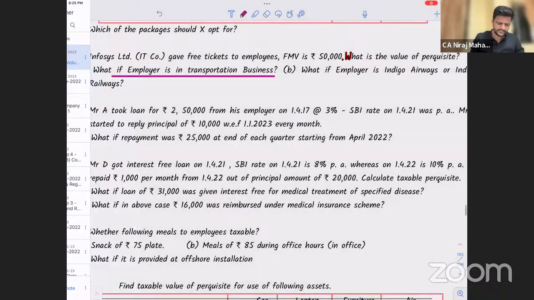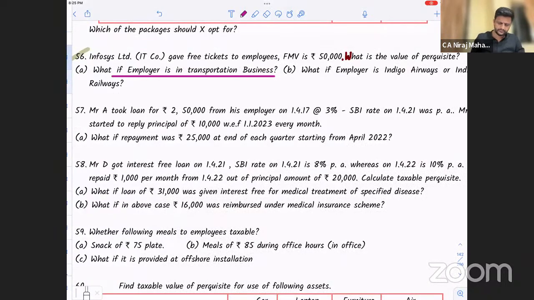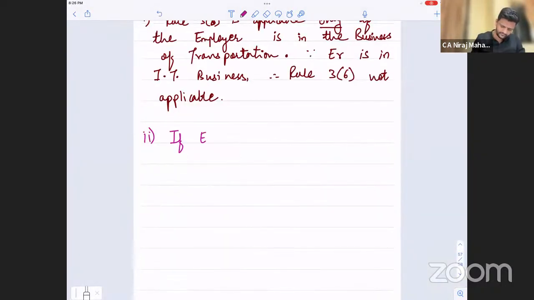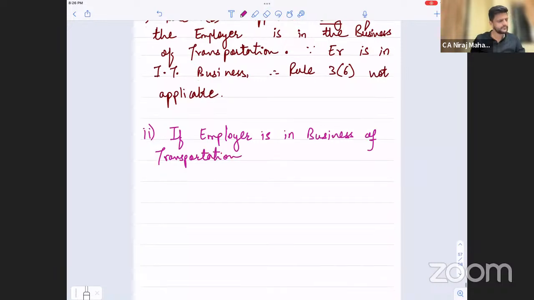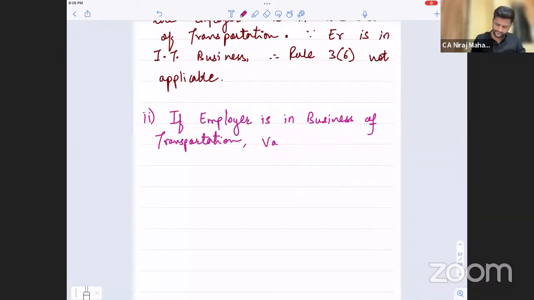Write down: if the employer is in the business of transportation, the value of perquisite is rupees 50,000.